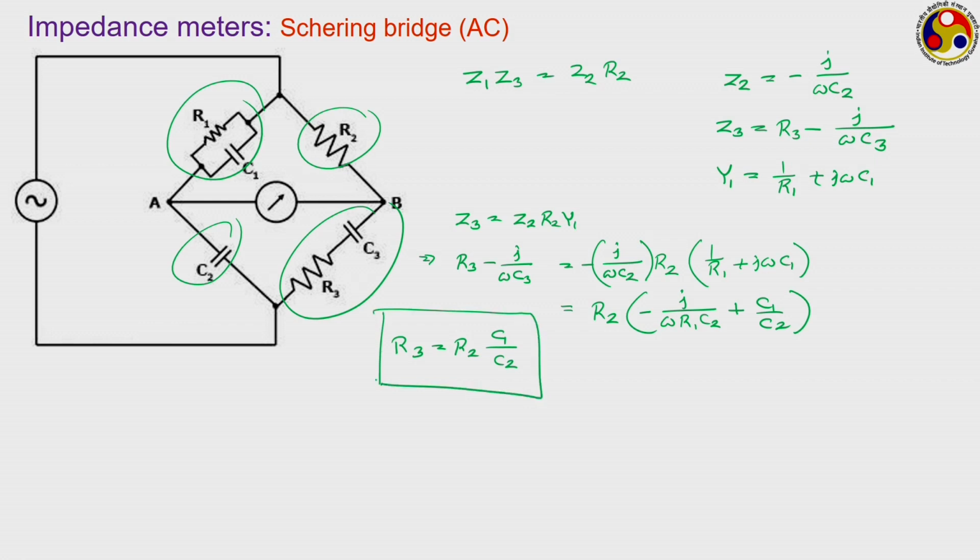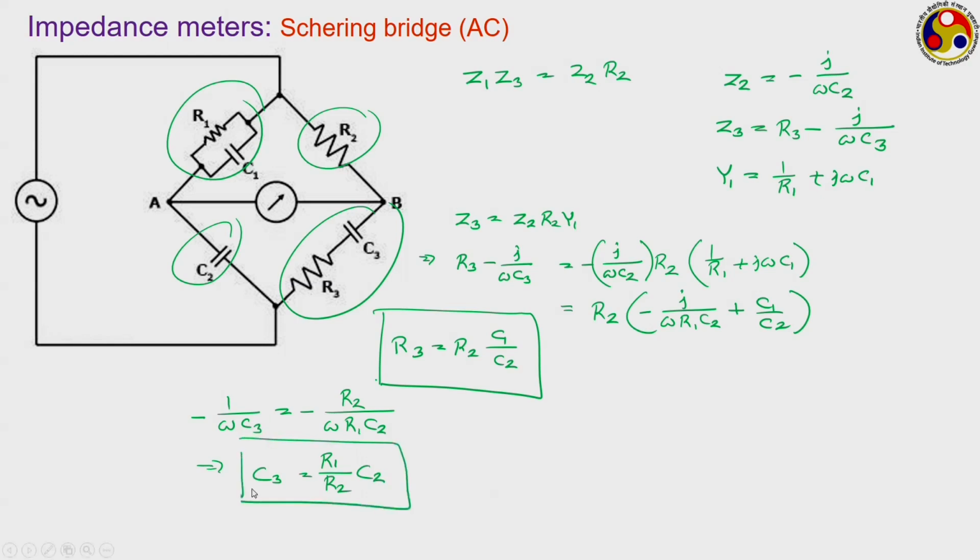Similarly, if we equate the imaginary side, then minus 1 upon omega C3 is equal to minus R2 upon omega R1 C2, which gives us C3 equal to R1 by R2 into C2. A very straightforward simple relation once we attain the balance situation. You have to remember this relation is valid only under the balance situation. So once we have the balance, then just from the knowledge of the other resistors, we can get the values of both R3 and C3.